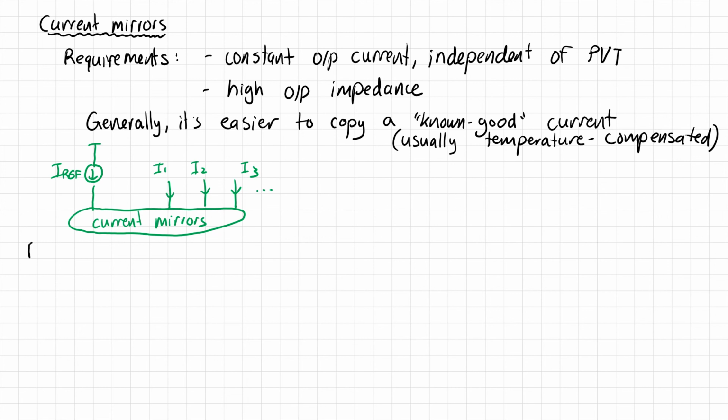So the basic mirror is a fairly simple circuit. What we do is we take our reference current, Iref, and we pass it through a diode-connected transistor. So something like this, where VGS is equal to VDS. Okay.